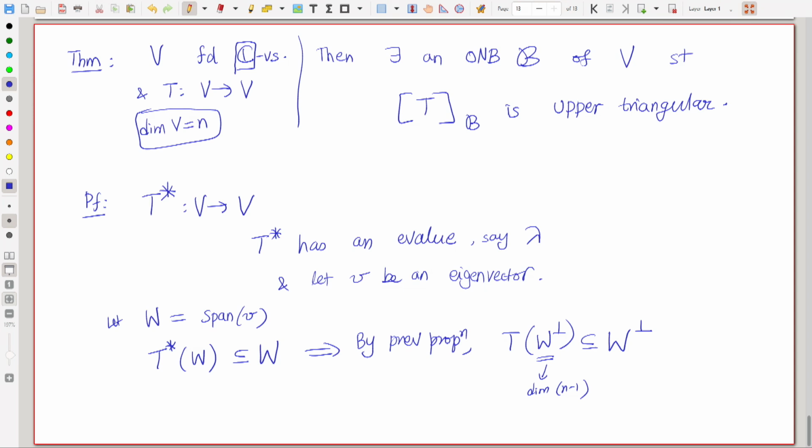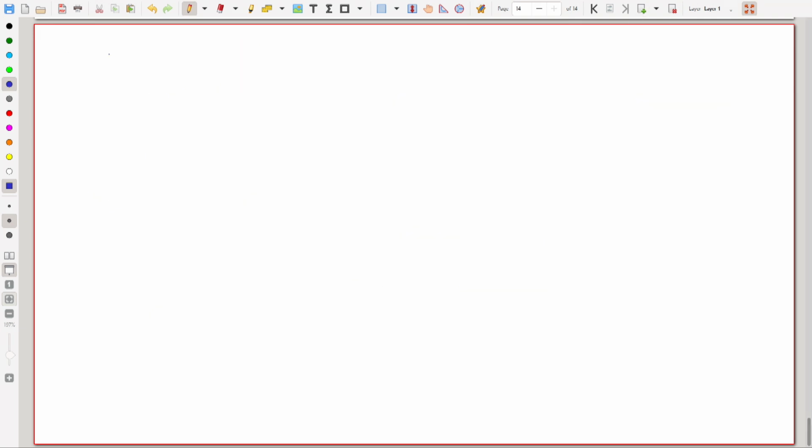Now what I will do is restrict T to this subspace W perp. So now let's just do this once more. Instead of the full space, let's restrict T to this subspace W perp. Maybe I should call it something.